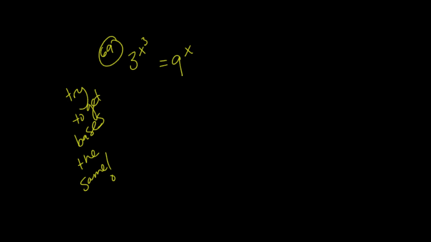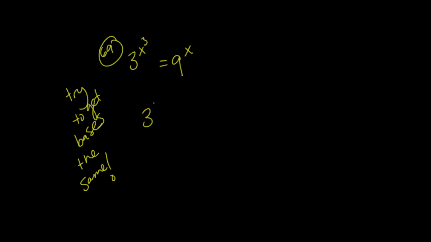if you look in your book, is 3 to the x raised to the third power equals 9 to the x. Once again, the bases aren't the same, so you have to try to get the bases the same. Okay, so we can do that because 9 is equivalent to 3 squared.